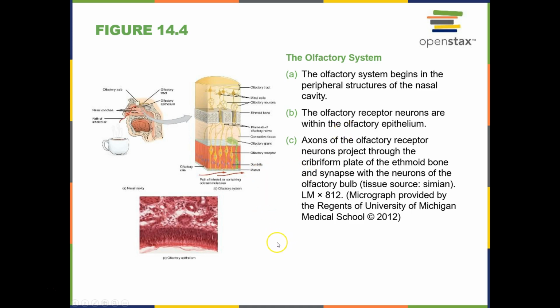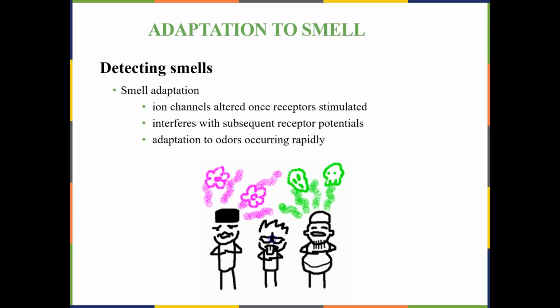And then in the temporal lobe, we will process that information and determine if it's something that we want to smell or not. We do adapt relatively fast, and we don't need a lot of ions to detect a smell. That being said, some people have better senses of smell than others.